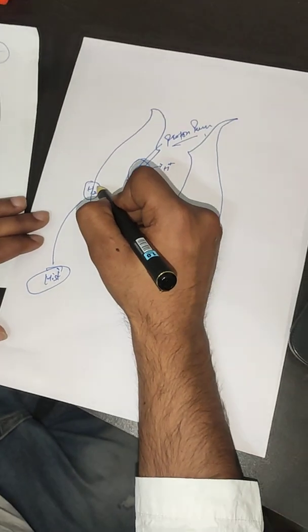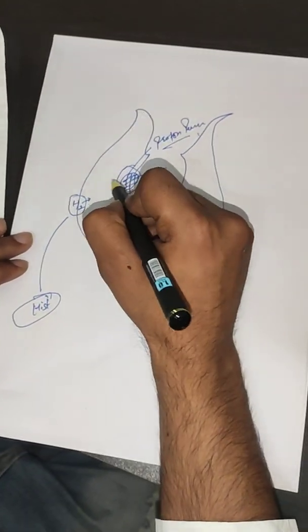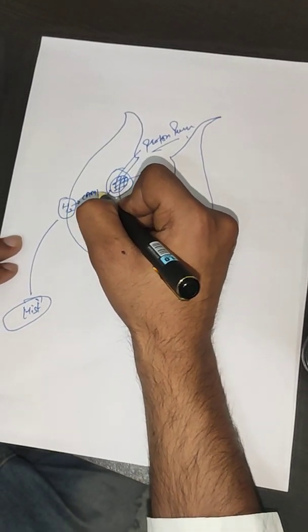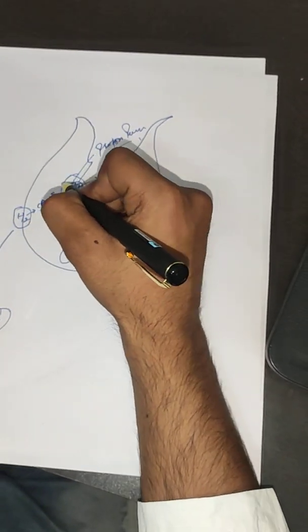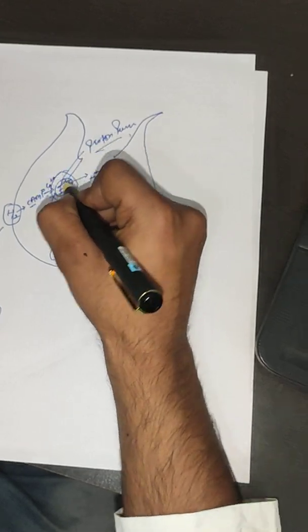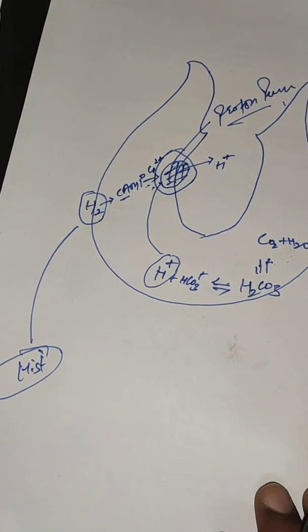So this H2 receptor activates the proton pump by activating cyclic AMP. This cyclic AMP generates calcium ions. These calcium ions activate the proton pump.